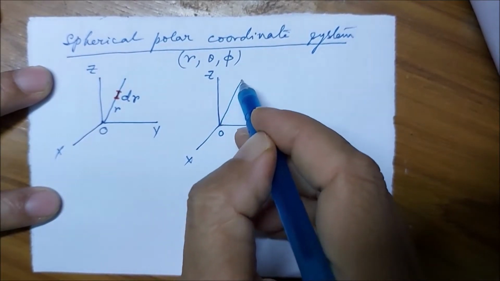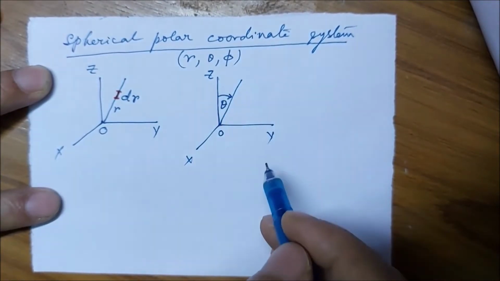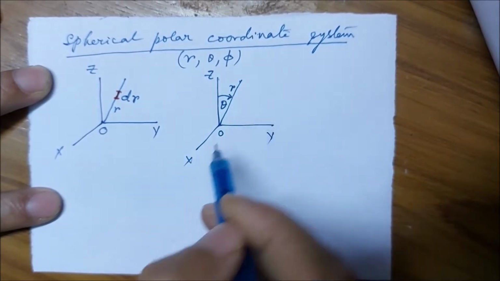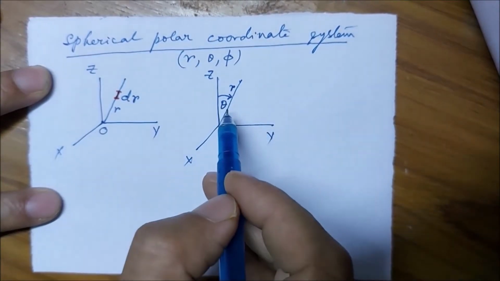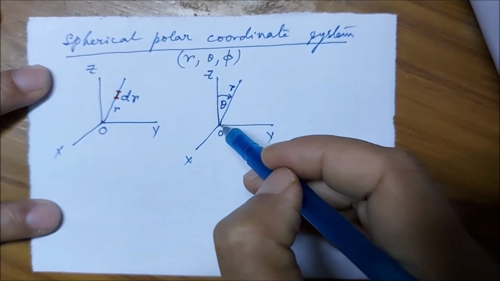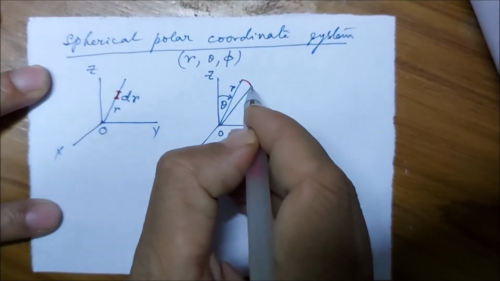Let us redraw it. So this angle is theta and this distance is r. Now suppose theta increases by a small amount d theta so that it comes here. Hence an arc is described.